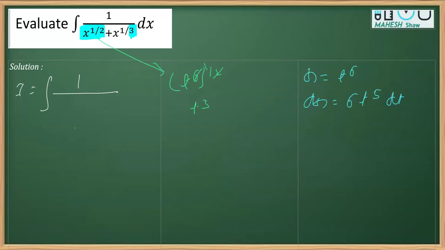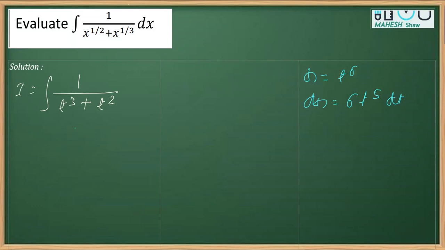This will become t raised to the power 3, and this will become t raised to the power 2. That is x raised to the power 1 by 3; if I replace x with t raised to the power 6, that raised to the power 1 by 3 is t raised to the power 2.